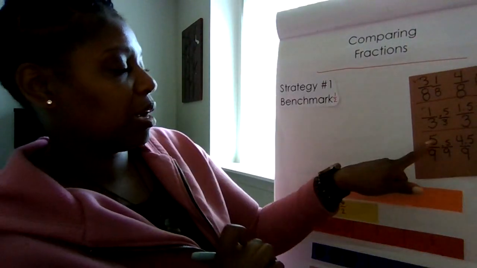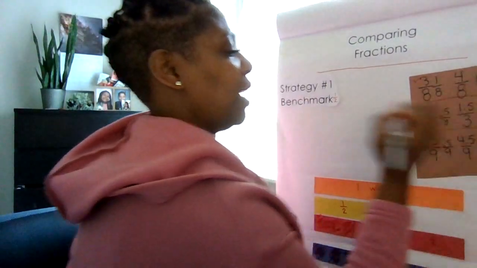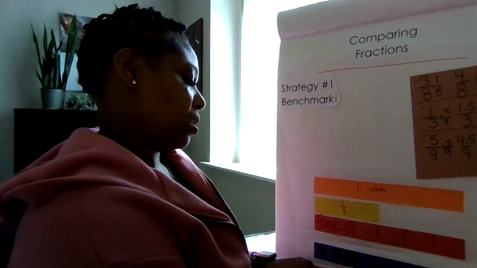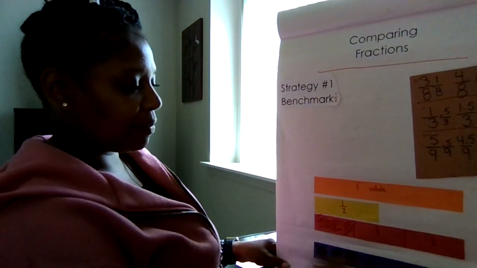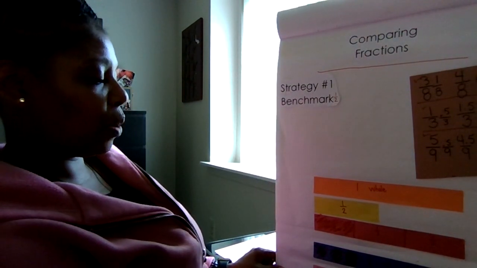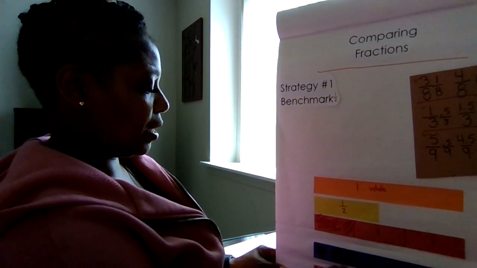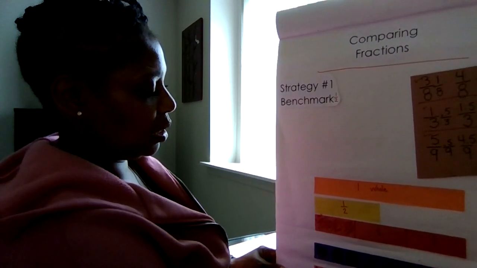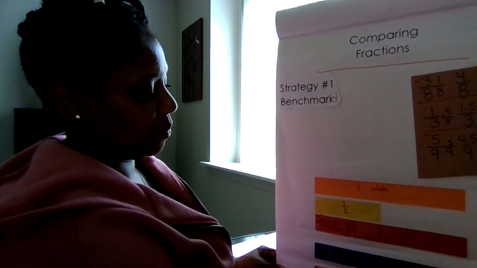Now let's go to our last fraction that we worked on, which was 5/9. And let's see if we can put it on our fraction chart here. So we have our 9ths here, and we go 1, 2, 3, 4, 5. Well, let's shade those in. 1, 2, 3, 4, 5.